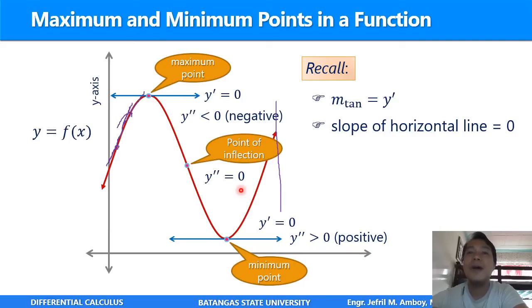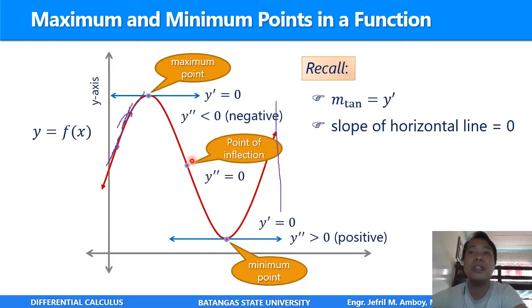Okay? So, before we begin solving problems, let us have a recap. No? Again, at the maximum and the minimum points of a function, ano lagi ang rule? Yes, the first derivative is always 0. But at the maximum point, the second derivative is negative, while at the minimum point here, the second derivative is always positive.